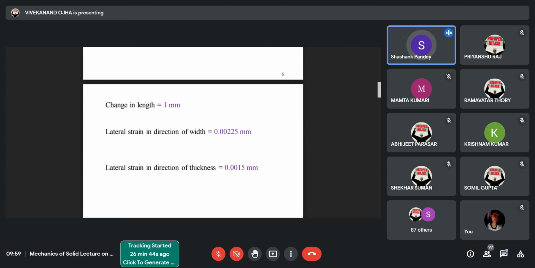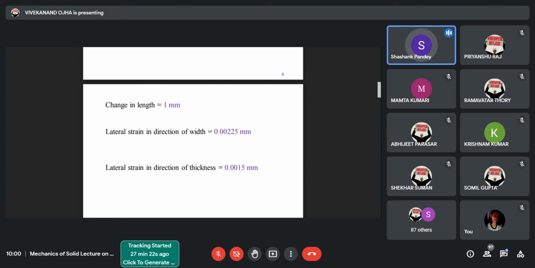Once you have the lateral strain value, you multiply it by the corresponding thickness, and you have the change in thickness, which is 0.0015 mm, and the change in width will be equal to 0.0025 mm.